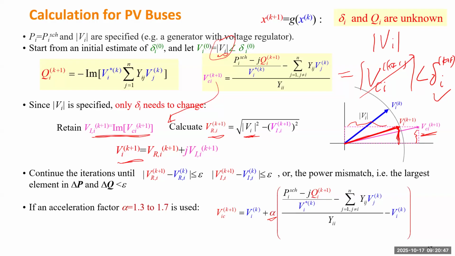In some algorithms, if you find it's very hard to converge, sometimes you can adjust alpha. You can maybe at the beginning use a bigger alpha, but later you reduce alpha to give you a fine adjustment near the solution. So alpha just gives you an additional dimension to control the speed of performance of the method. So that's what we need to know about the PV buses.